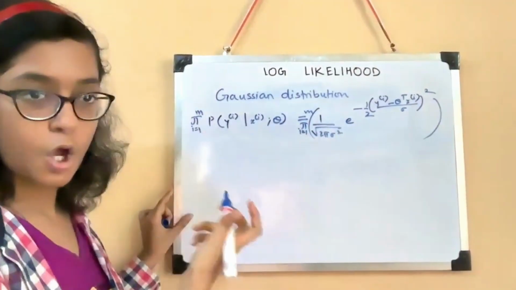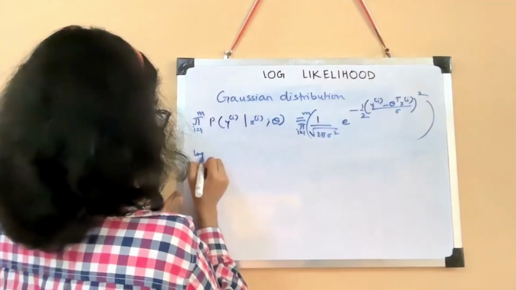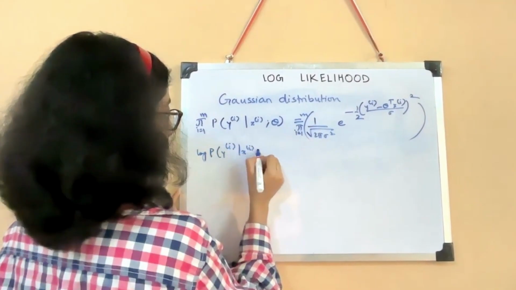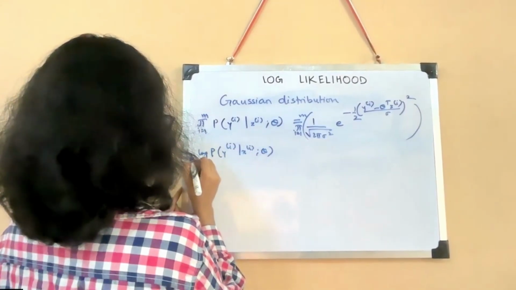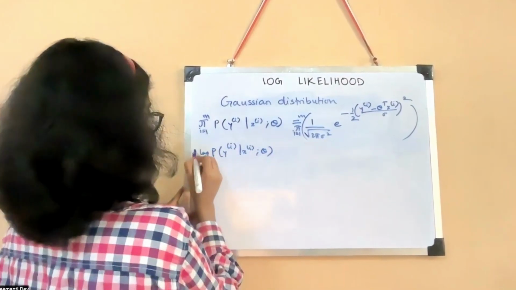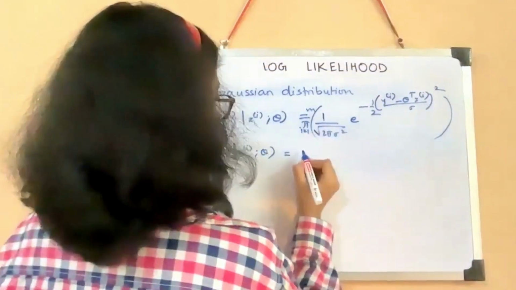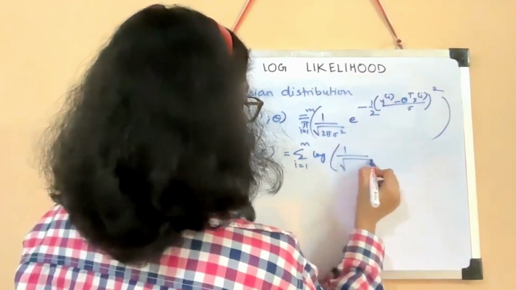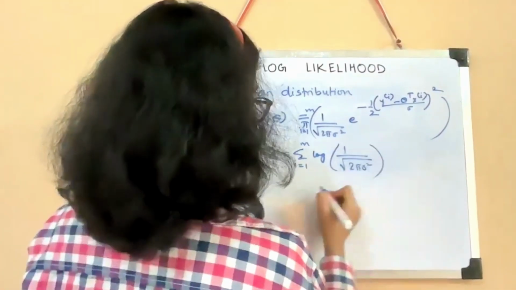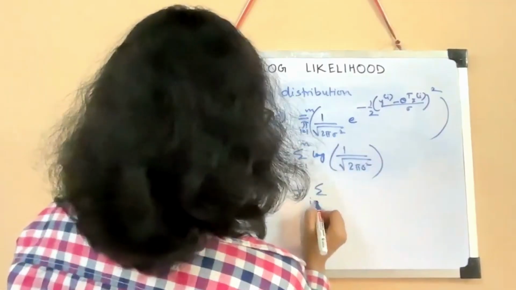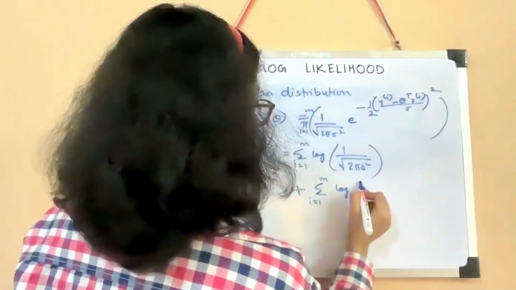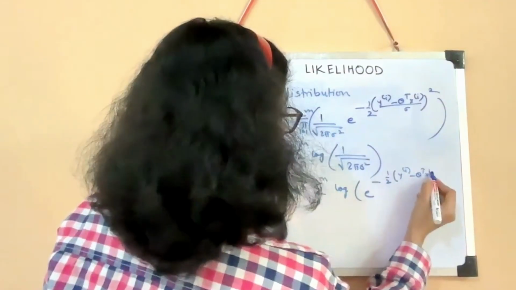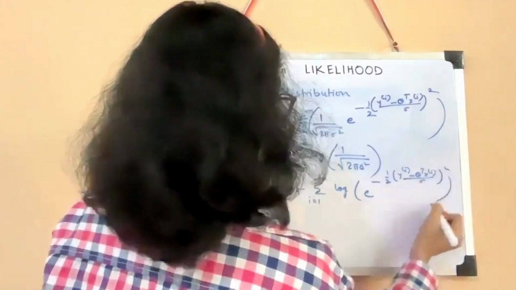Now we will take the log of this, log on both sides. So what would that look like? Summation i equal 1 to m log of 1 over sigma root 2 pi, plus summation i equal 1 to m log of e to the power minus of (yi minus beta transpose xi) square.